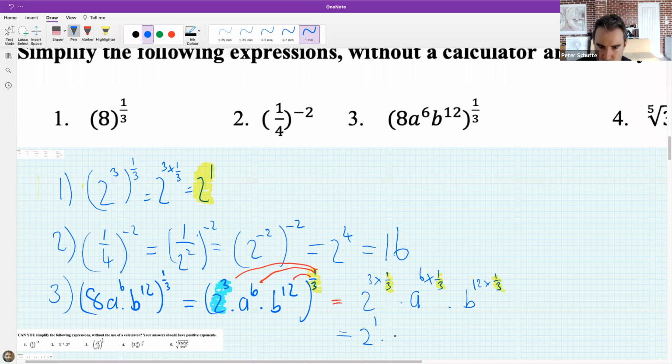That's just going to be 2 to the 1. 6 times a third is going to be 6 over 3, although we can simplify that. And then 12 times a third is just going to be 12 over 3. And if we simplify that further, we get 2a squared b to the 4.